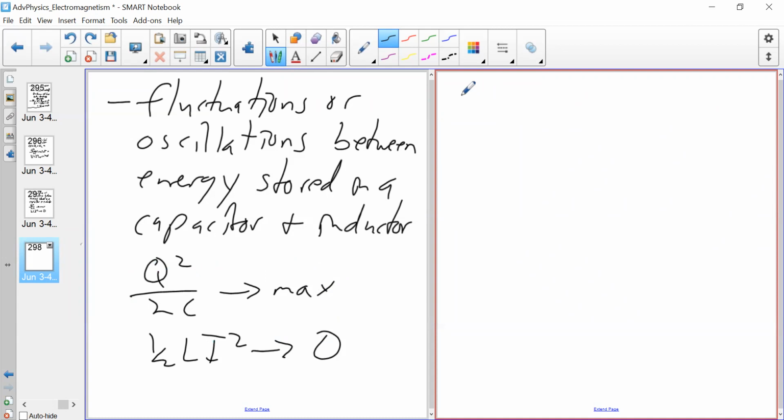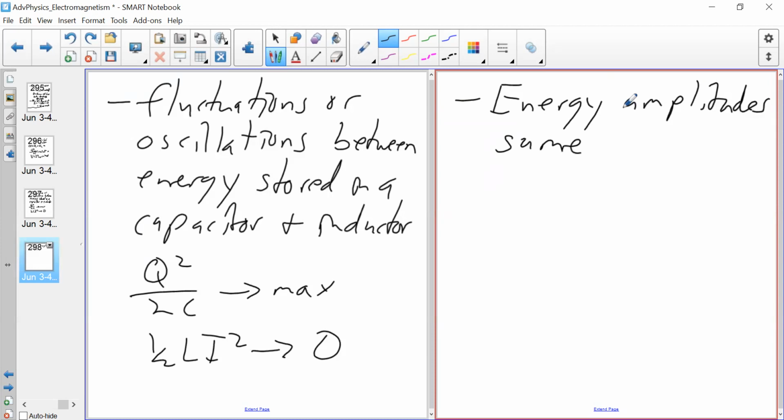That makes sense? So the energy amplitudes are going to be the same for either component. When the capacitor's max, the inductor is 0, and when the inductor's max, the capacitor is 0.